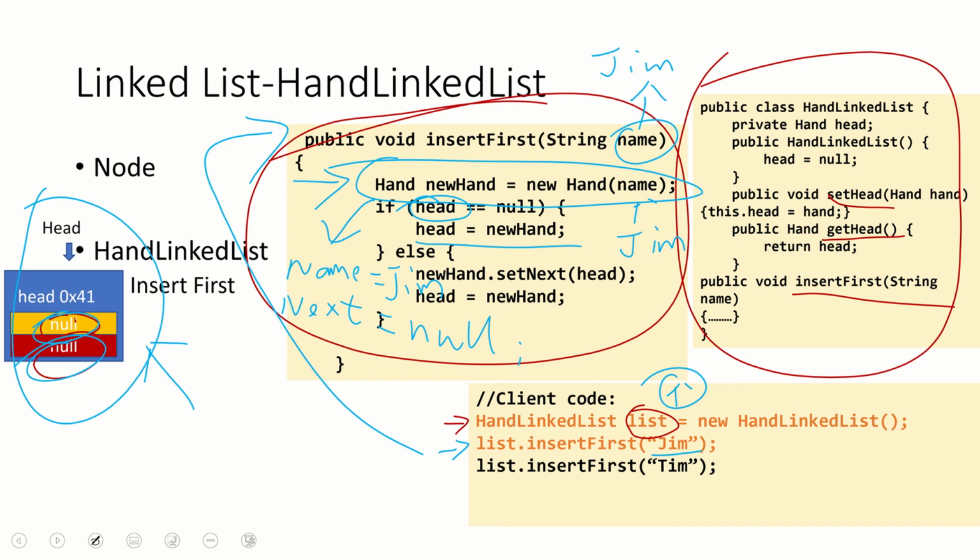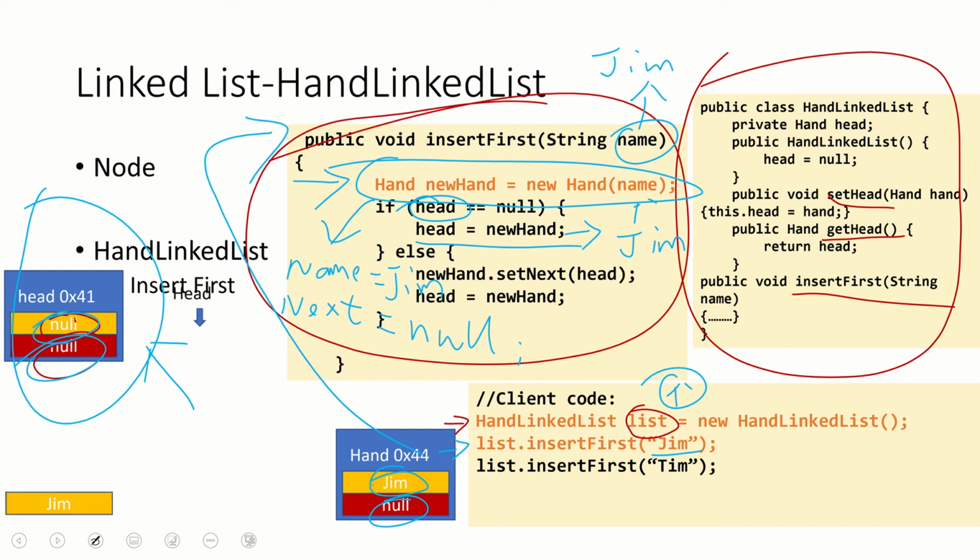Okay, if it's empty, we just set the head to the new hand. So we create this one. It's Jim, and the next is none because it's the default, right? Once we know the head is none, we set our head to the new hand.